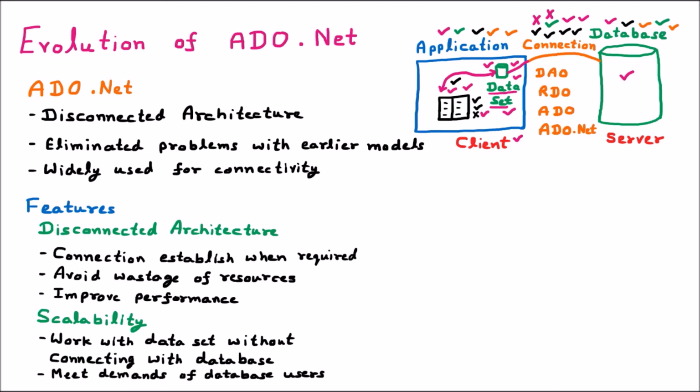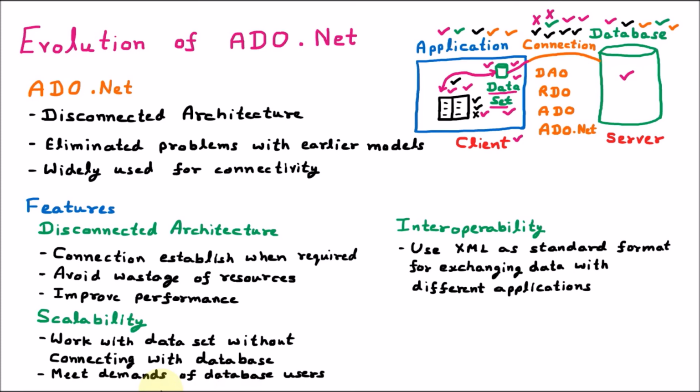The next feature of ADO.NET is interoperability. In ADO.NET, for connectivity, there is a single standard, which is XML. And this XML is the standard format for exchanging data with all the different applications. As XML is a standard format, we can connect with any type of application.